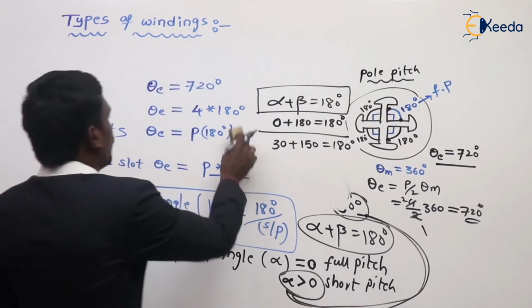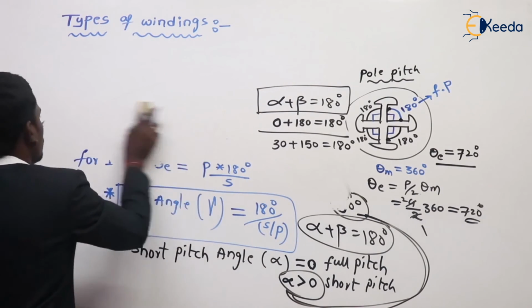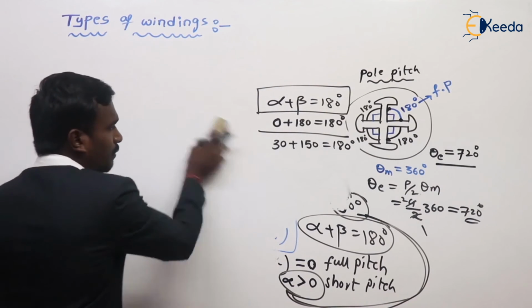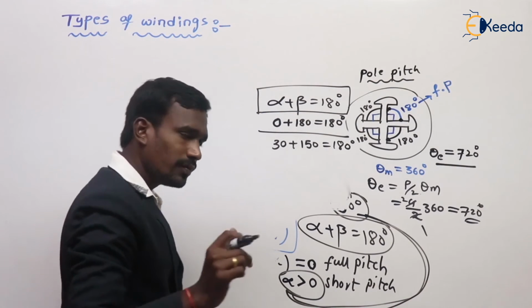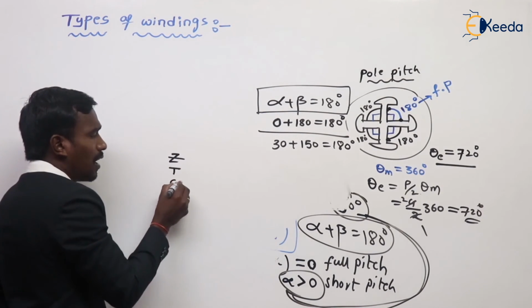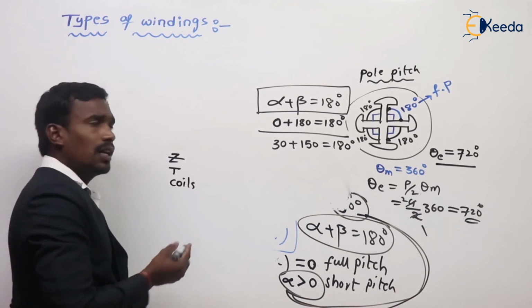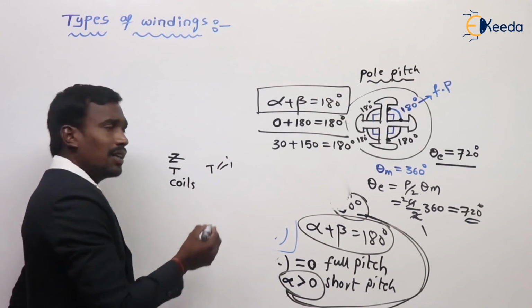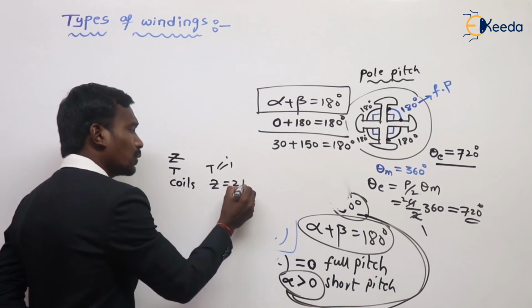Okay, so finally I'll give you a brief revision for this video. Here we discussed conductors, turns and coils. Every turn has 2 conductors. That's why Z is equal to 2T.